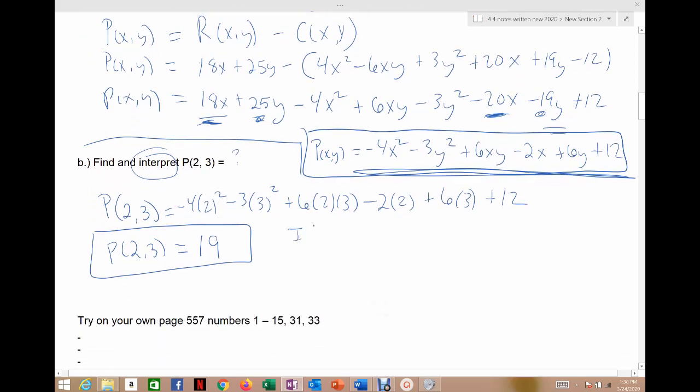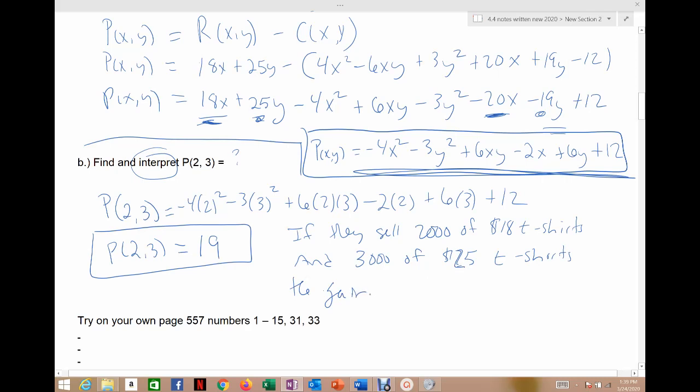All right, so if they sell 2,000 of the $18 t-shirt and 3,000 of the $25 t-shirts, they gain 19,000 in profit.